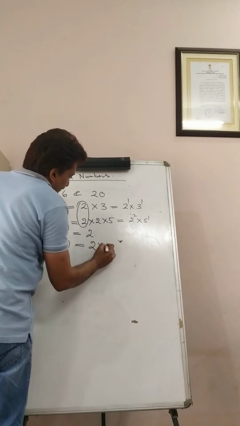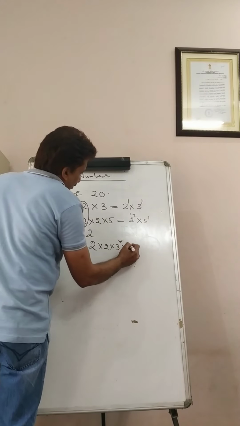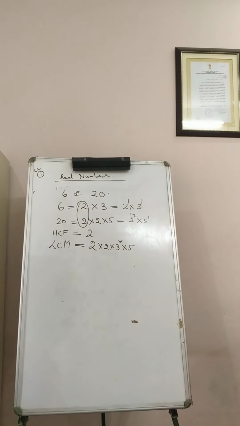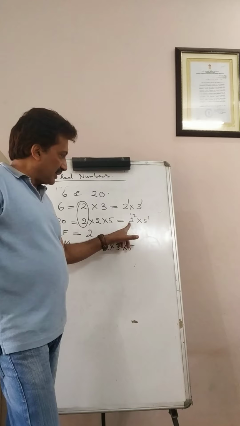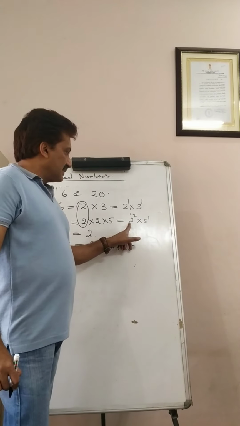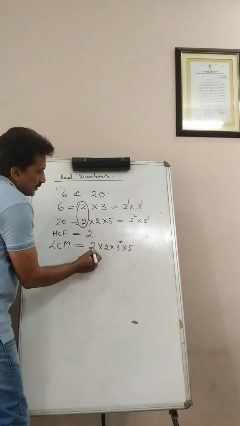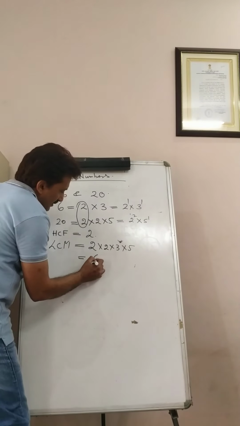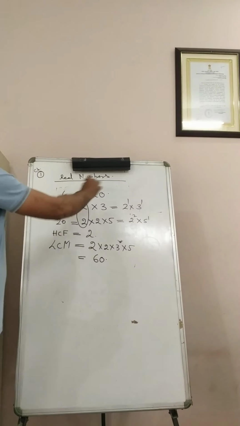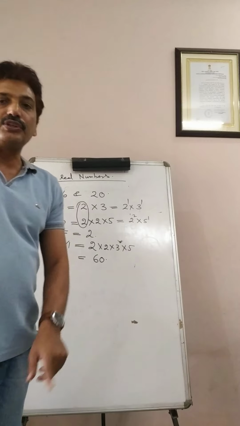Then you have the 3, and then you have the 5. Or in terms of the exponent, you have to write the highest power of the particular factor with the same base. So you will have the LCM 2 into 2 is 4, into 3 is 12, into 5 is 60. So the LCM of this pair of numbers is 60 and the HCF is 2.